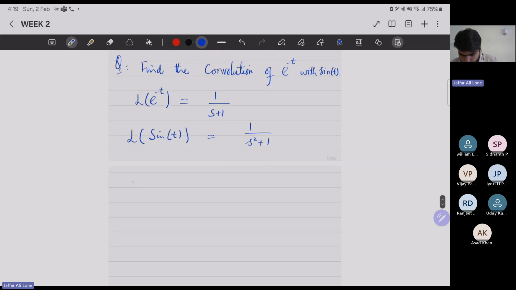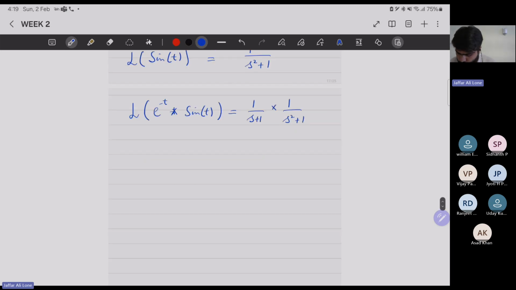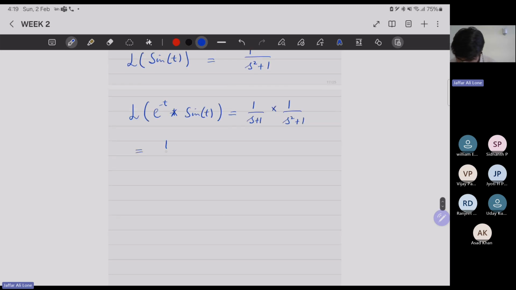So the Laplace transform of the convolution of these two signals will just be the multiplication. So what you get is 1 over (s plus 1)(s squared plus 1).